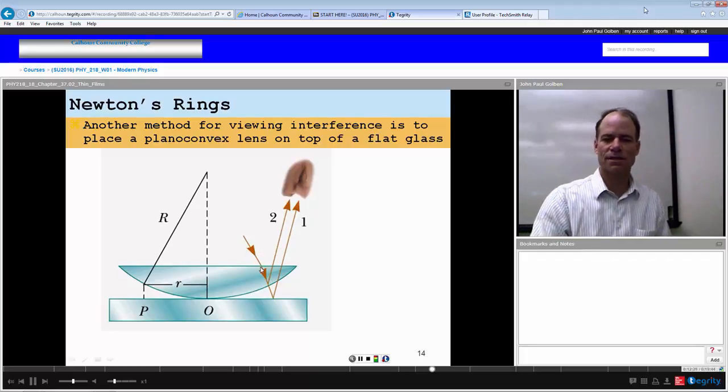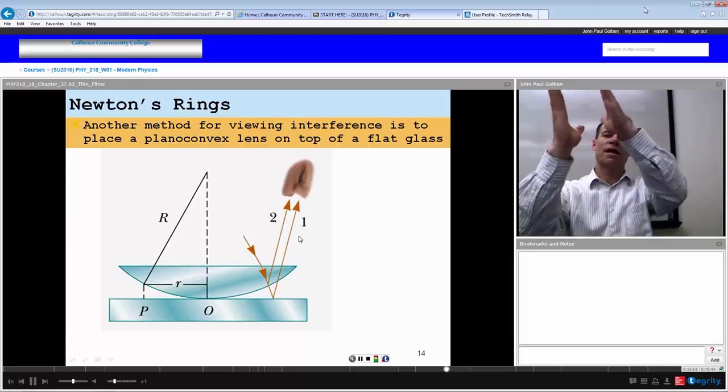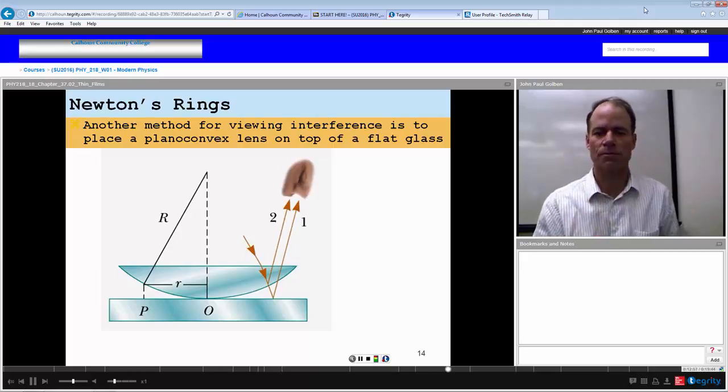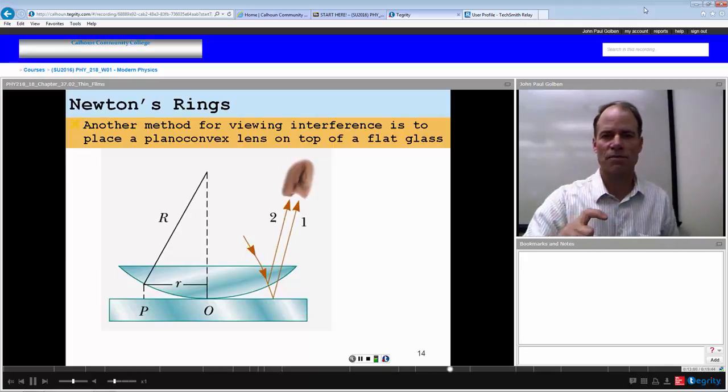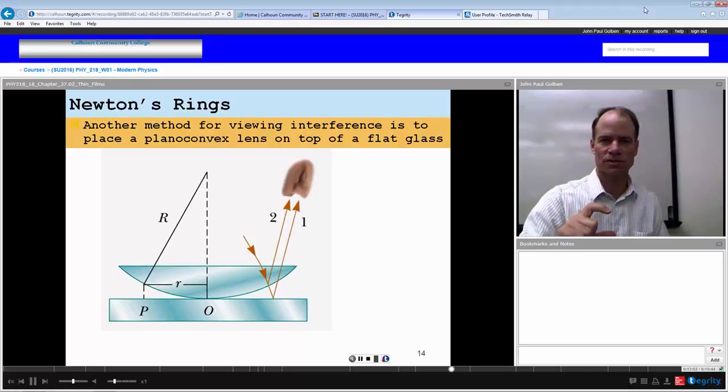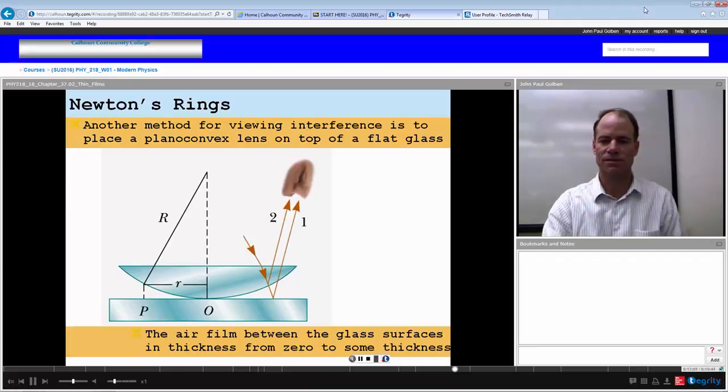So in this case, if I have a ray of light coming in like this, part of it will refract here, and that'll go through air, giving me a phase reversal when it reflects off the flat glass here, coming back, whereas this ray number 2 here is not going to have a reversal at all as it goes from a higher index glass towards air here. So we're going to end up with 2 rays coming back with one phase reversal, and hence the path difference will have to be a half wavelength to get constructive interference, and an integral number of wavelengths to get destructive interference.